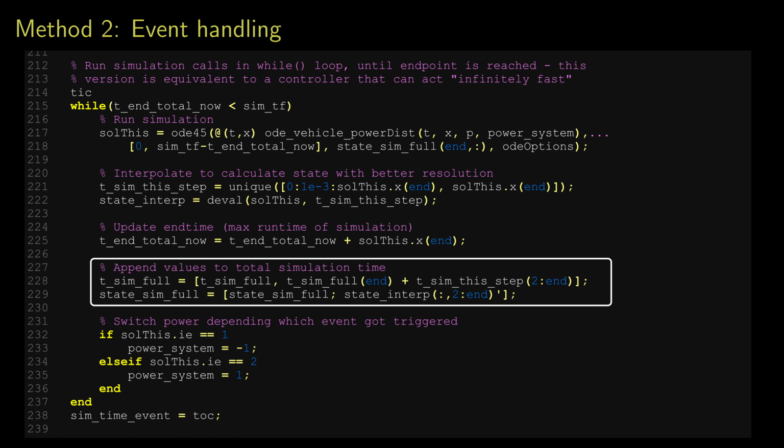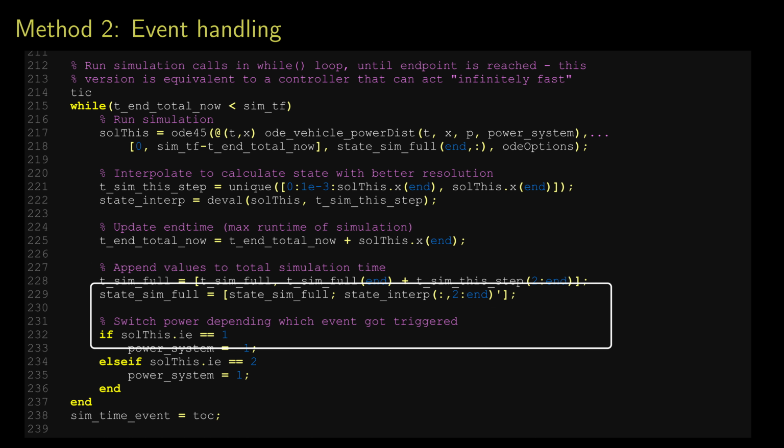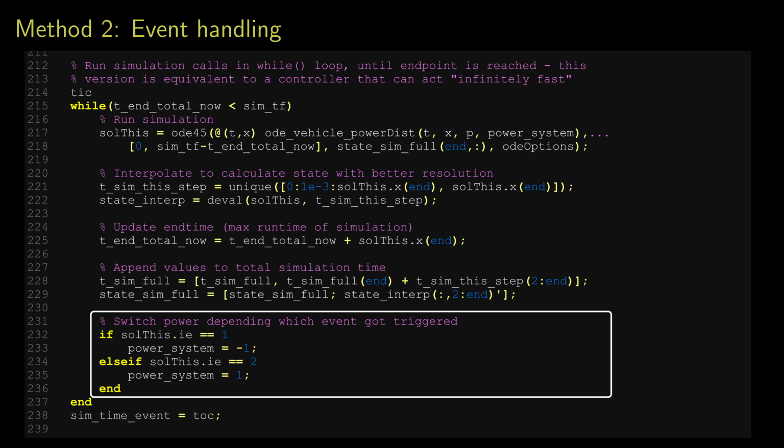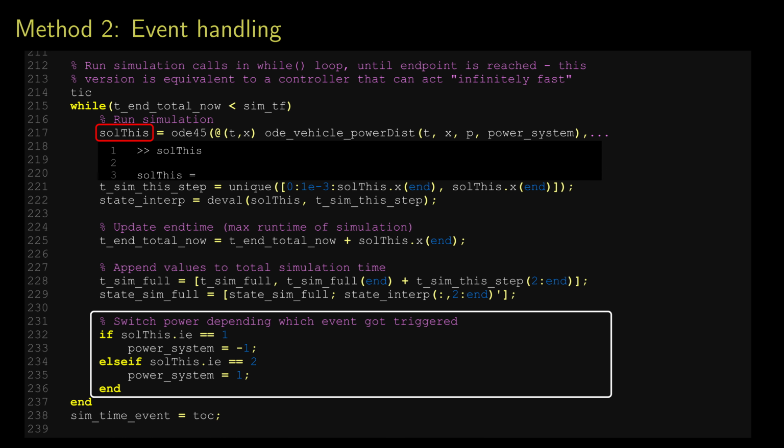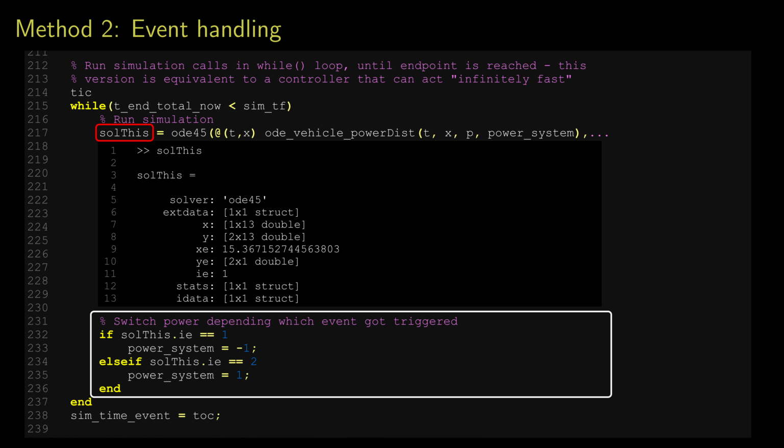Then we append our incremental simulation results of the segment that we just simulated. Finally, we set our power for the next step, and here we can use the result returned from the event handler again. Since the simulation got ended by an event that got triggered, the simulation results structure contains a variable telling us which event got triggered.